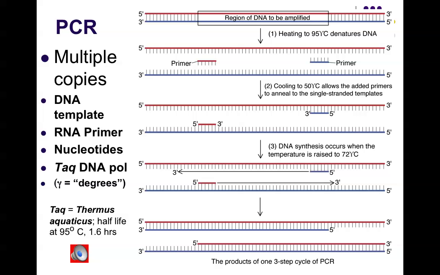Prior to using the DNA polymerases from thermophiles, the DNA polymerase that was used in the early forms of PCR was from E. coli. E. coli grows at mesophilic temperatures, or basically human body temperature, or room temperature. So the DNA polymerase of E. coli cannot tolerate the extreme heating that has to be performed in the first step of polymerase chain reaction.